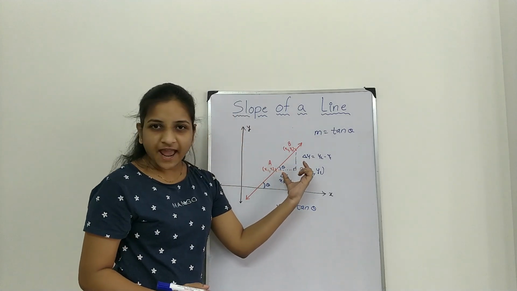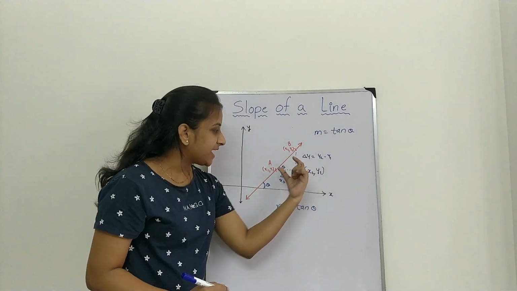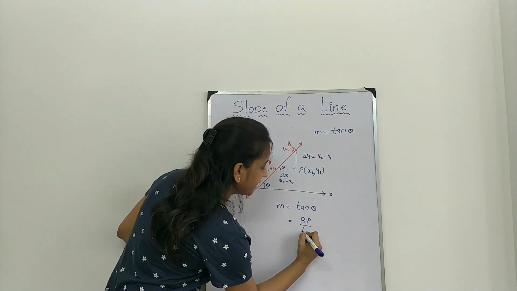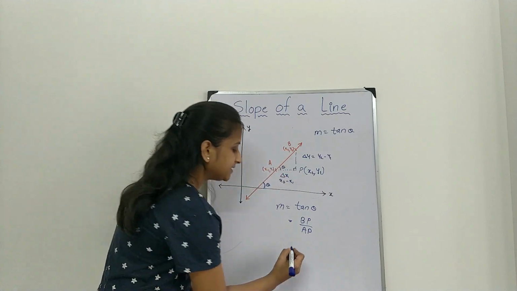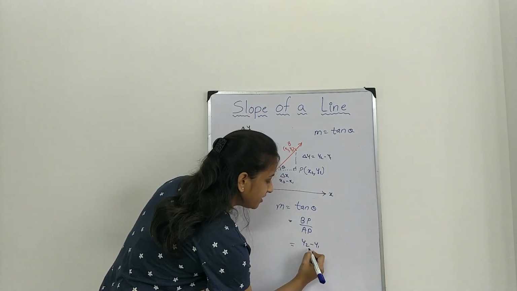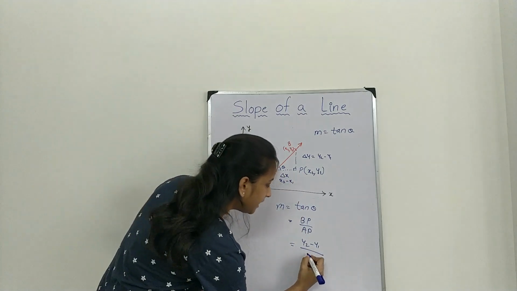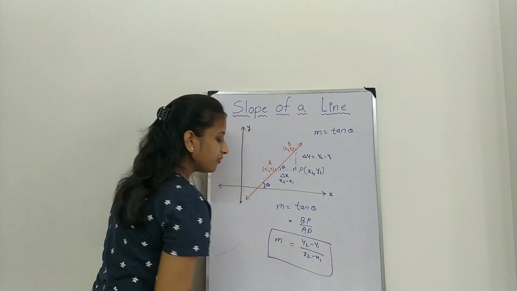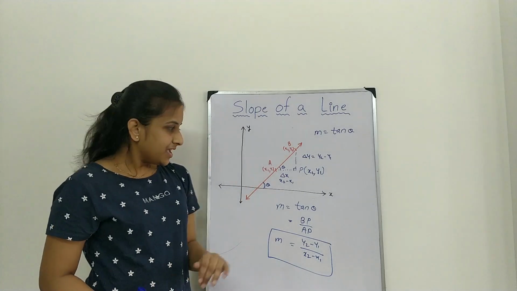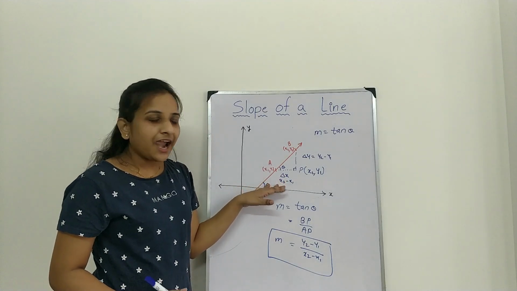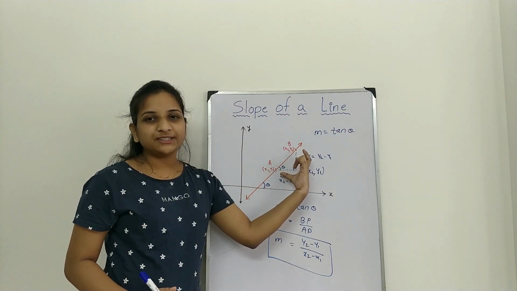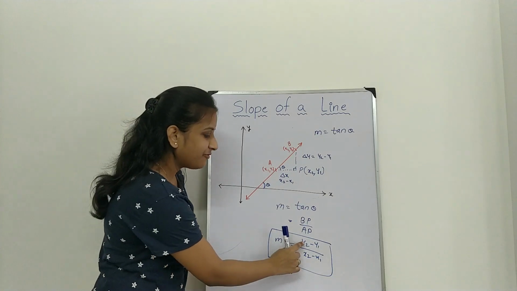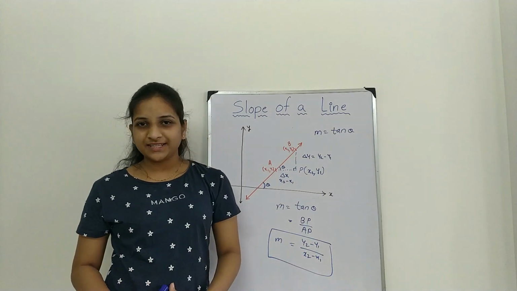With respect to this triangle, tan theta is opposite side upon adjacent side, so this is BP upon AP. BP means y2 minus y1, upon AP, which is x2 minus x1. So this is the slope of the line. If you don't know the angle and you know only 2 points on the line, then the slope of the line is (y2 minus y1) upon (x2 minus x1).